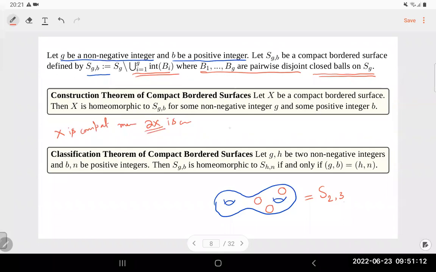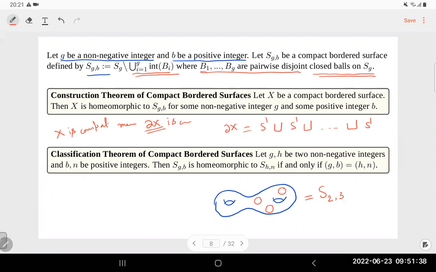So del X consists of, let's say, S1, S1, S1, finitely many. So roughly X has finitely many holes. You have to fill up these holes by disks. Once you fill up these holes by disks, then the resultant surface is actually a closed surface.